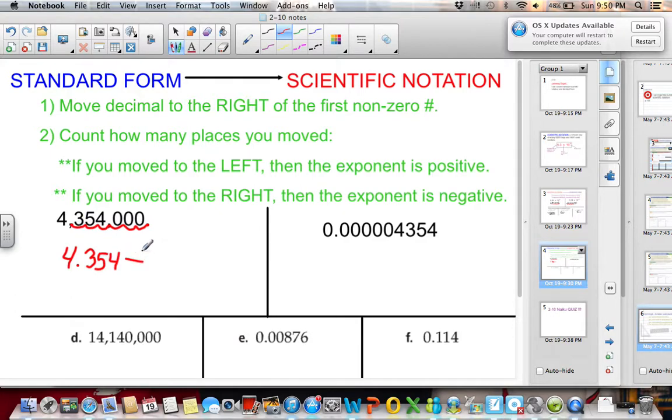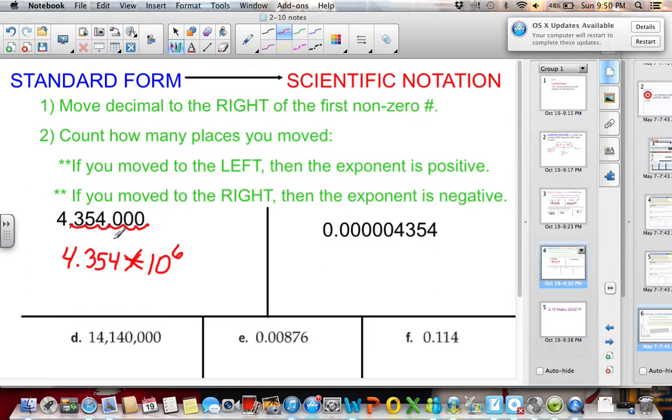So I write it as 4.354 times 10. And if I moved it to the left, then the exponent is positive. So times 10 to the 6th. If you think in your head, it has to be positive because you want to go 6 to the right: 1, 2, 3, 4, 5, 6.